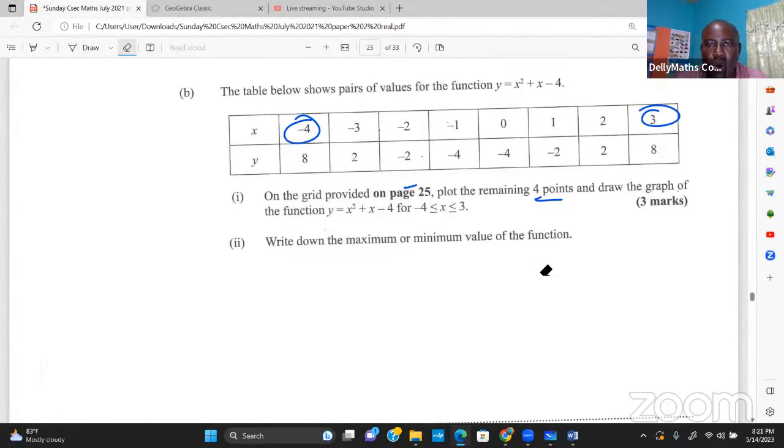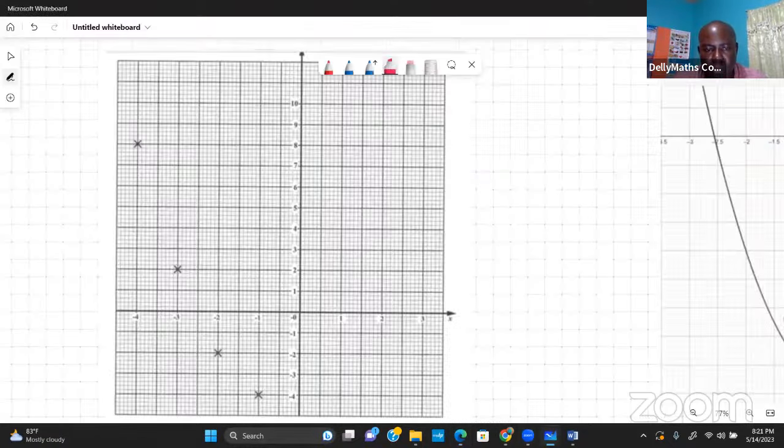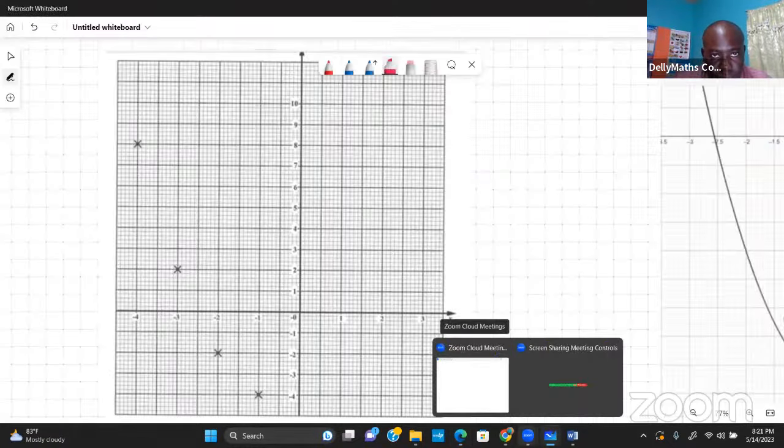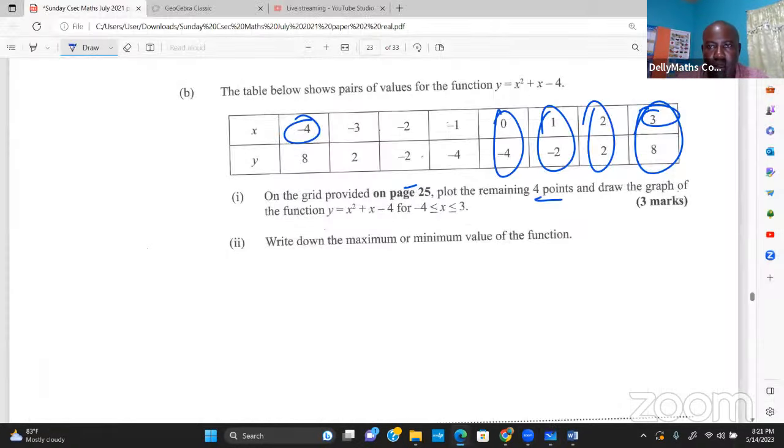So it's going to be our responsibility to do these. Work with me. 0, -4. Right here. 0, -4 is right there. 1, -2. 2, 2.